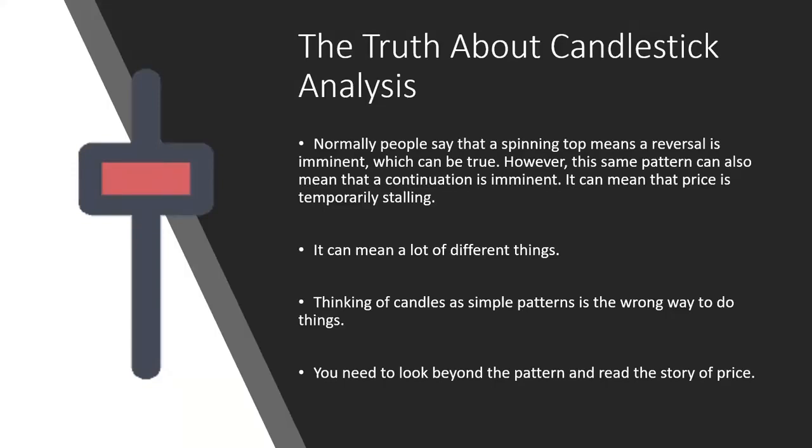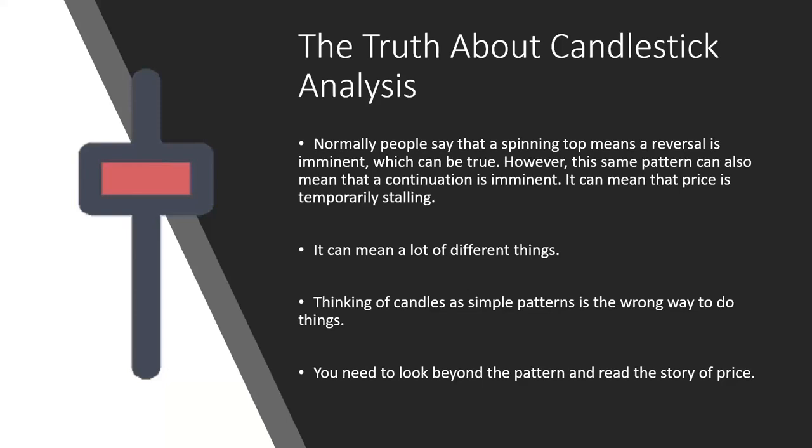So normally people say things like a spinning top means a reversal is imminent, which can be true. The definition of a spinning top, when you see one, is you're looking at a reversal pattern. However, the same pattern can also mean that a continuation is imminent. It can mean that price is temporarily stalling.